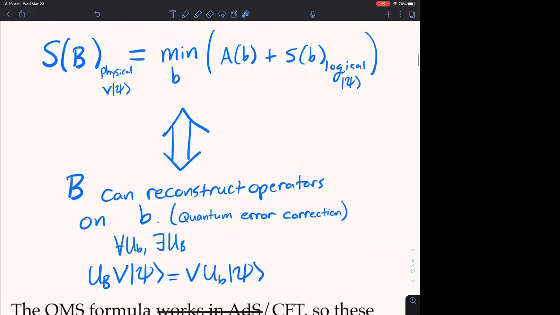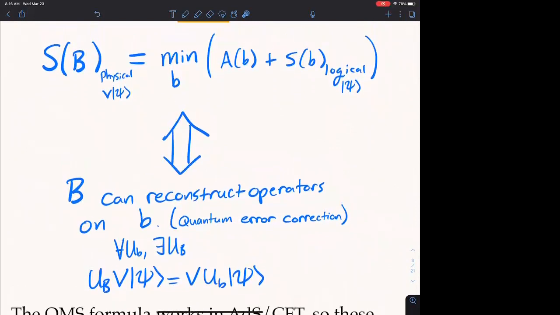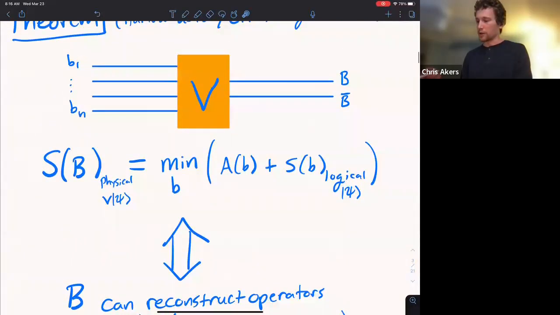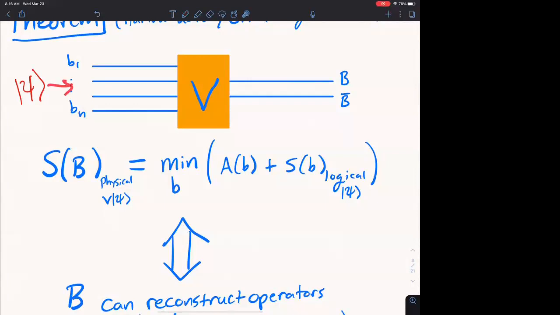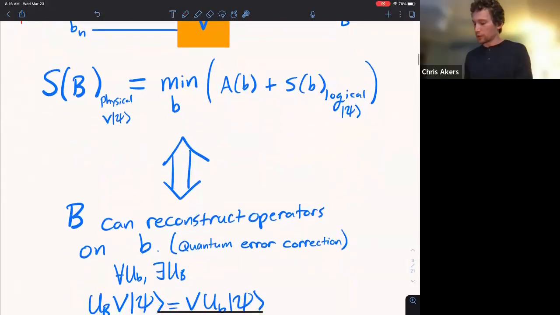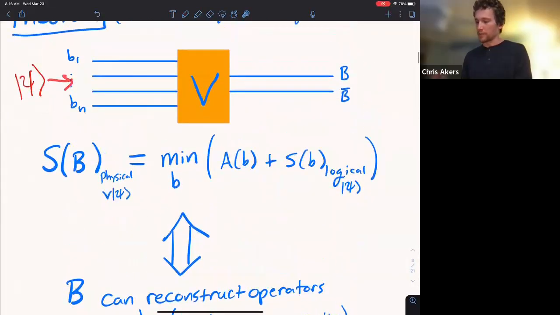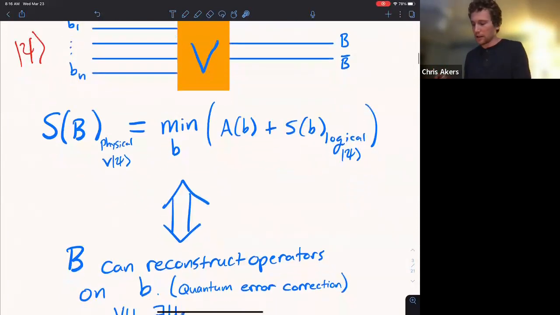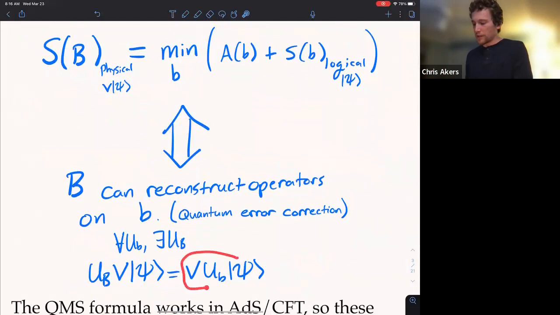Sorry, what does U small b do on psi? Because psi is just constructed out of the b's, as you have said in your previous slide. Yeah, so psi, right, exactly. As you said, psi is some state that's input into here. And I'm imagining that U little b is some U with non-trivial support on some of these B_i's, these little B_i's, and so it acts non-trivially on psi.